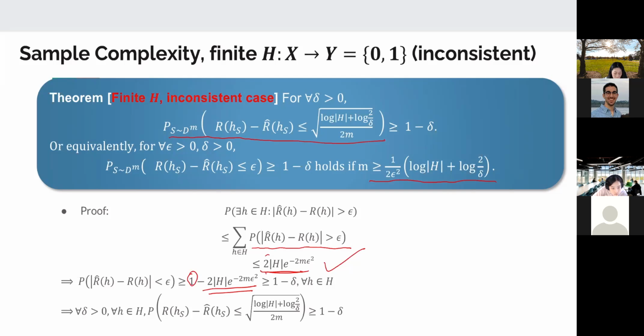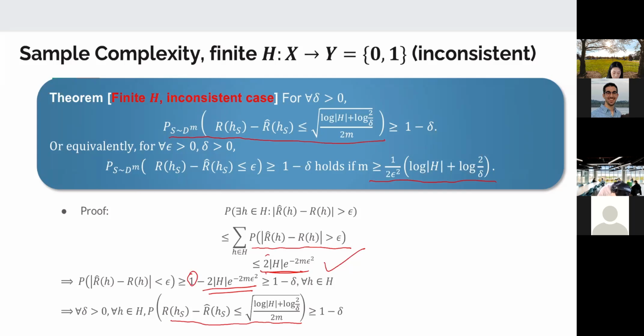Of course, you can set that to be greater than 1 minus delta to get the final sample complexity. So for any delta greater than 0, for any hypothesis within your hypothesis set, the generalization gap is smaller than or equal to this quantity, the square root of the log cardinality of H and so on.